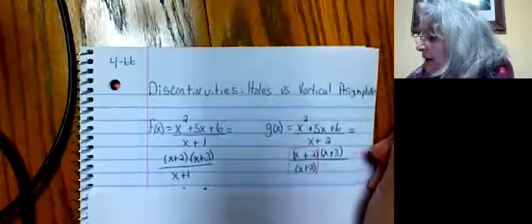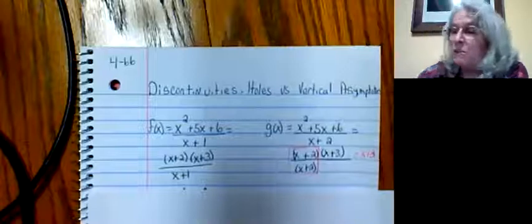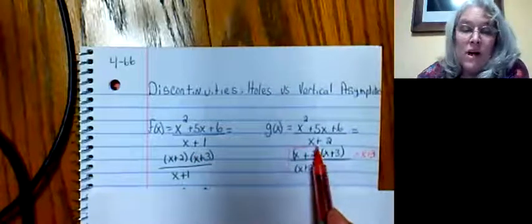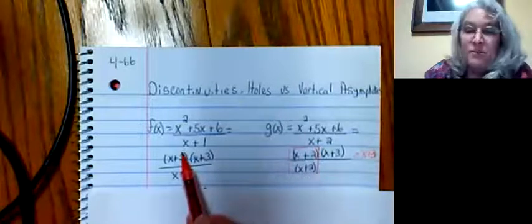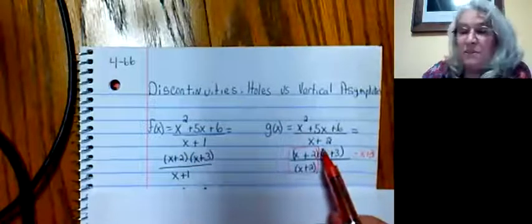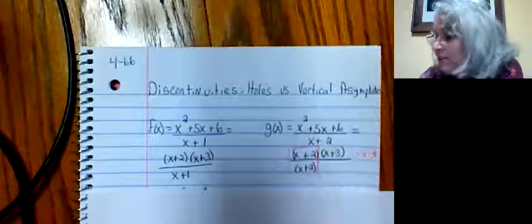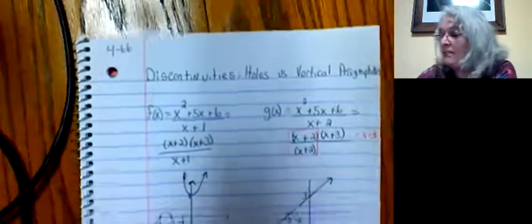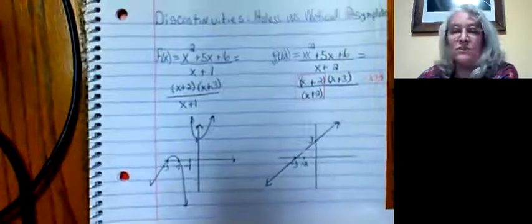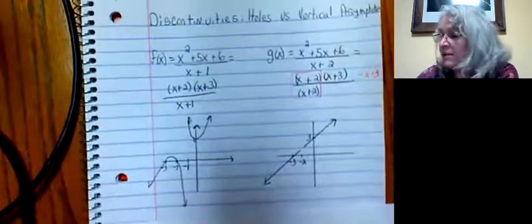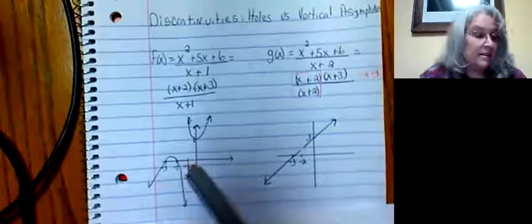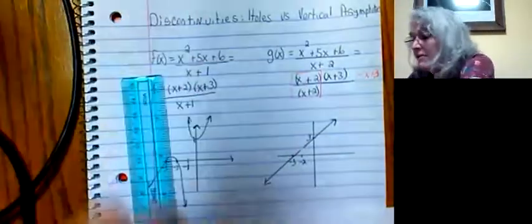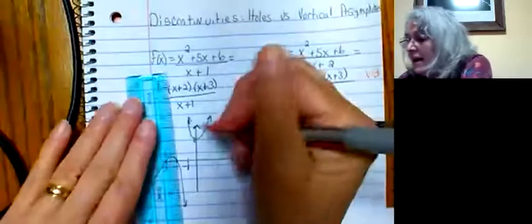However, if you think about it, you know there's going to be a discontinuity whenever your denominator is 0. So something's going to happen here at -1, and something's going to happen here at -2. Let's take a look at those. If you graph both those functions, what you end up with is this function is going to have a vertical asymptote at -1.